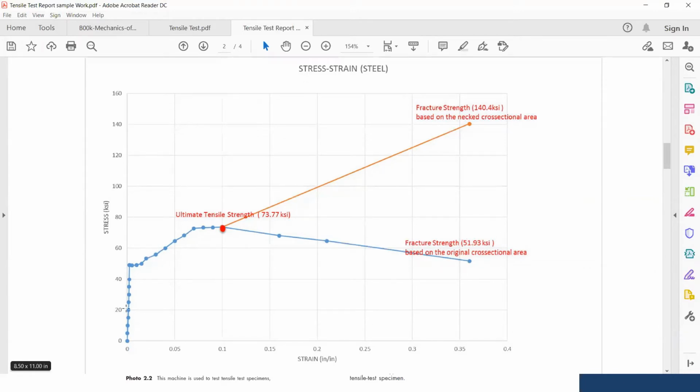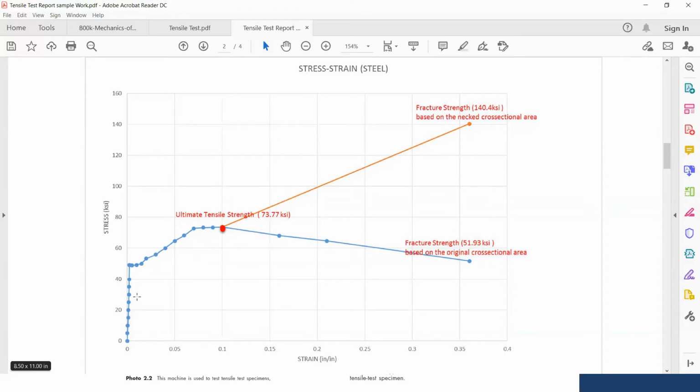But this linear section, which is called the elastic portion of the curve, is the safest region that we try to stay in. So for steel designs, from the structural engineering perspective, this is the safest zone. This is the zone that we are working on.